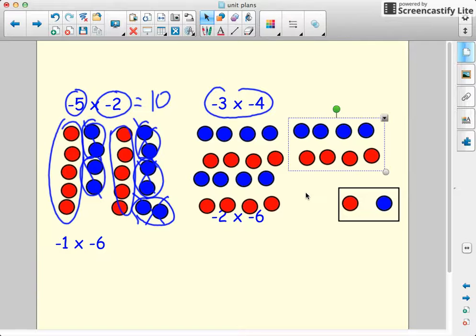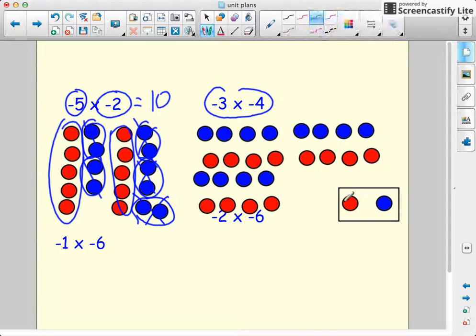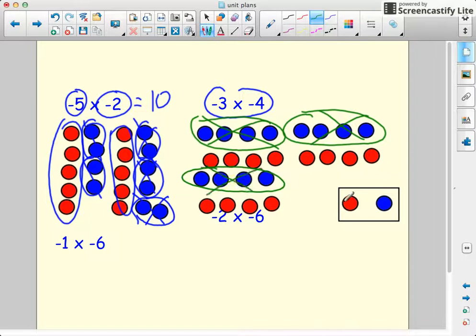So now I need to remove 3 groups of -4. So I'm removing these. 1, 2, 3. What I'm left with is just my red ones, so +12. So that's how we do a negative times a negative with a model.